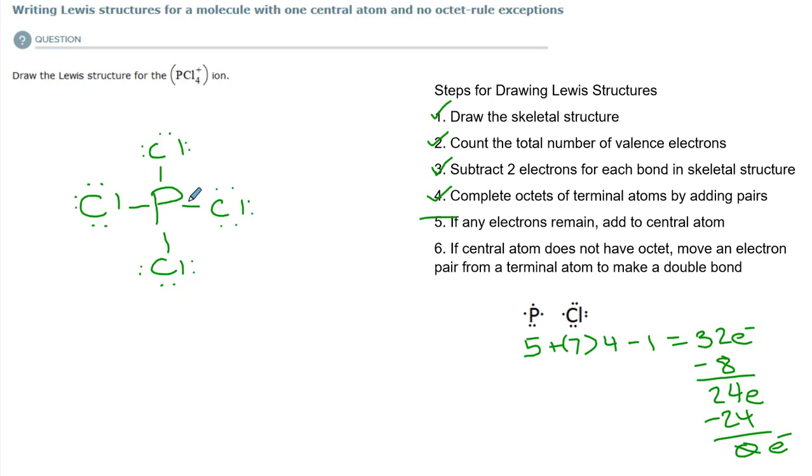So 2, 4, 6, 8, it's already got an octet, so we can skip that last step. The only thing we have left to do is, because we are a polyatomic ion, we have a charge, we need to put this whole thing in brackets and put that charge on the outside. So that is how to draw the Lewis structure for a simple polyatomic ion that obeys the octet rule.